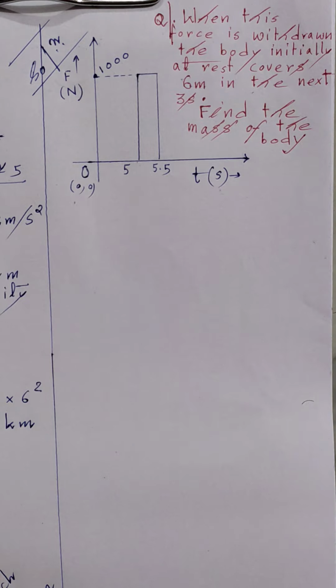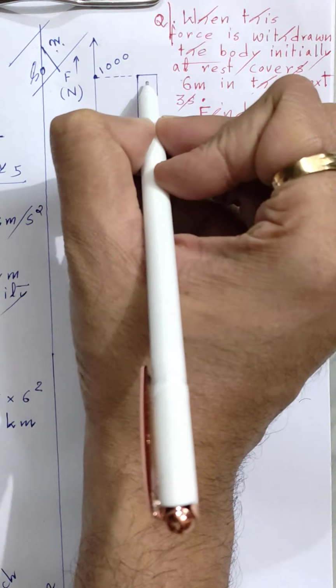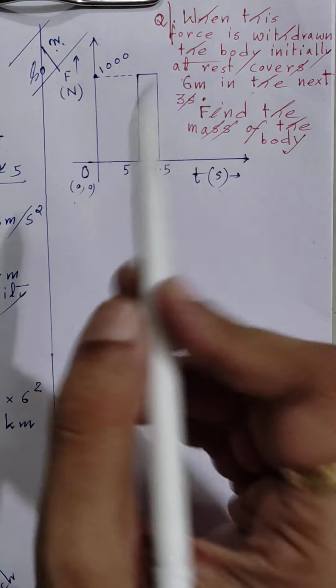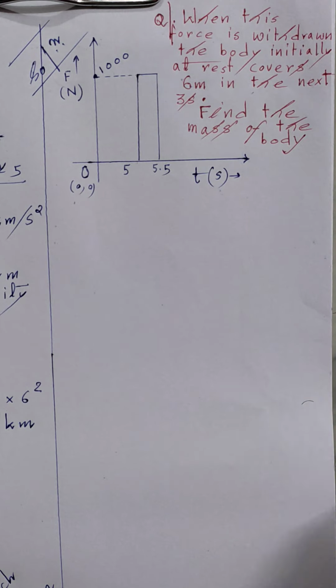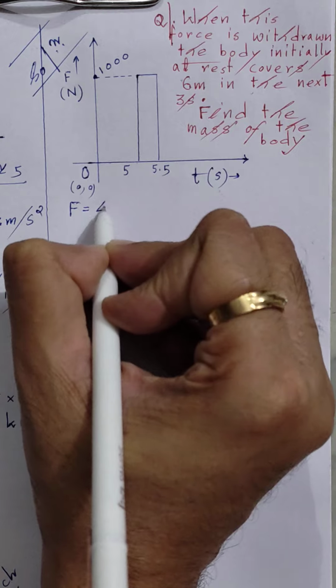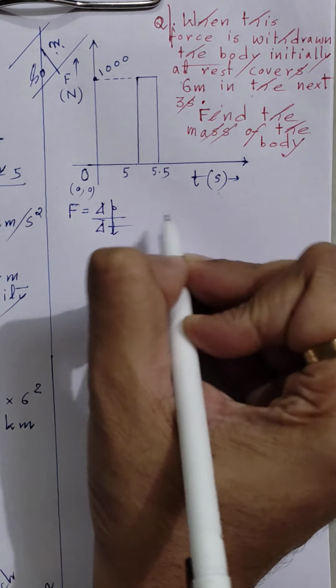So if I find the area under this graph, the area of this rectangle, that will give me force multiplied by the time interval. So what do we know? F is equal to delta P by delta T. We studied this already.